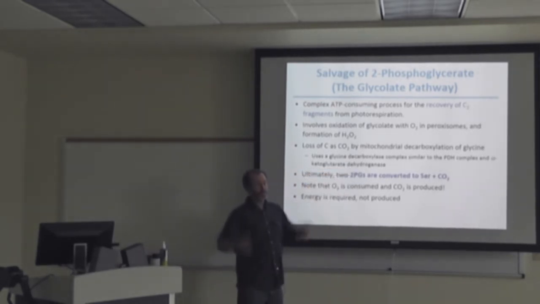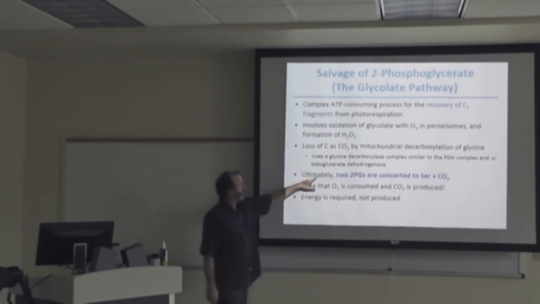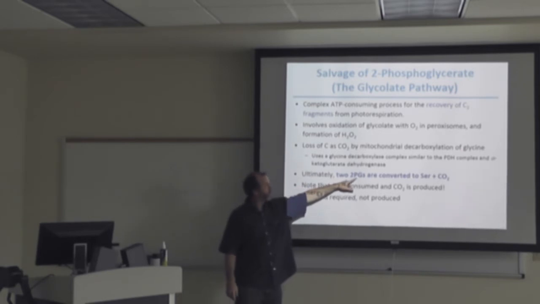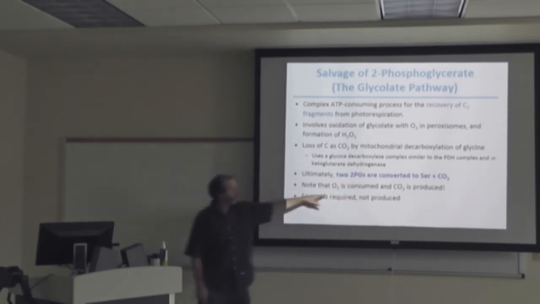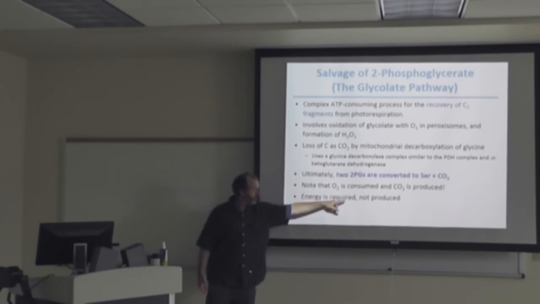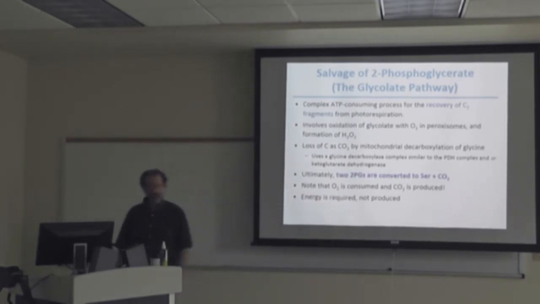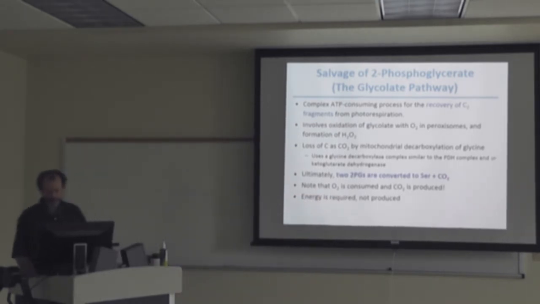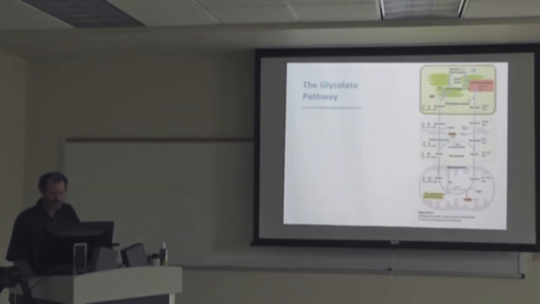Right? Do you guys remember that big, massive complex? Ultimately, two glycines are converted to serine and carbon dioxide, and oxygen is consumed and carbon dioxide is produced. Energy is required, not produced, from this cycle. And this is the glycolate pathway.